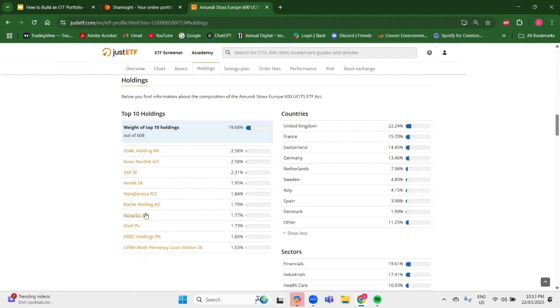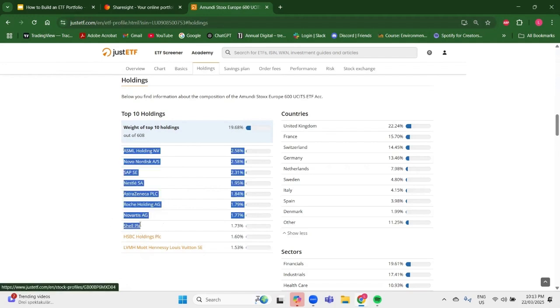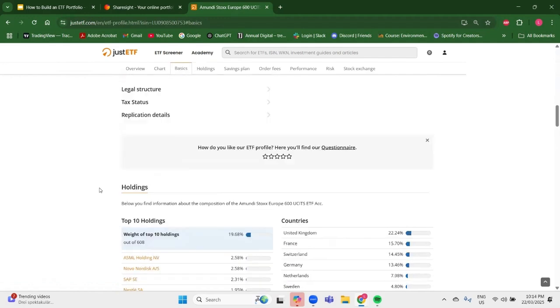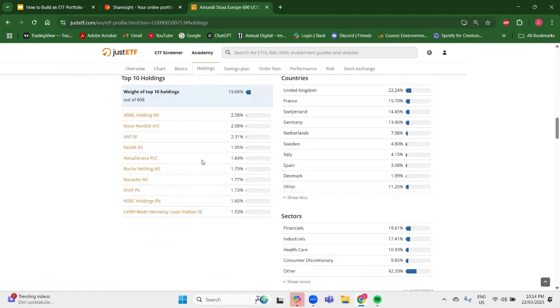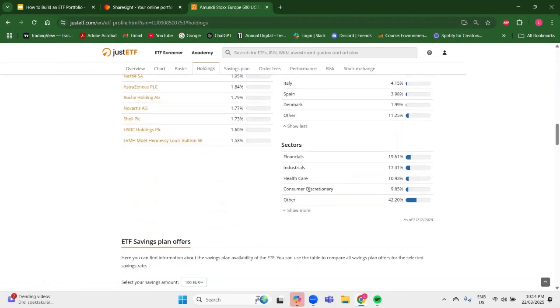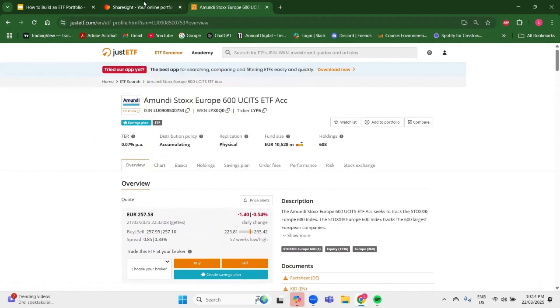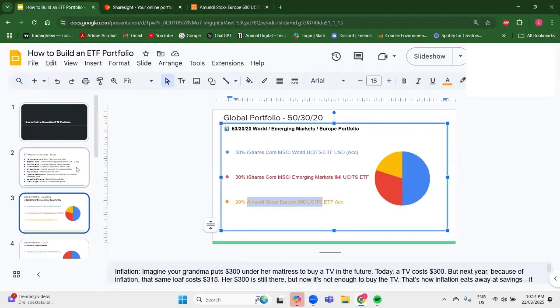So yeah, important to consider fossil fuels. Do I want to support that? Something we're going to go over as well in some other modules, if you want to invest sustainably. But yeah, very good ETF, very strong returns, financials, industrials, healthcare, very good sector diversity. So yeah, it's looking good.